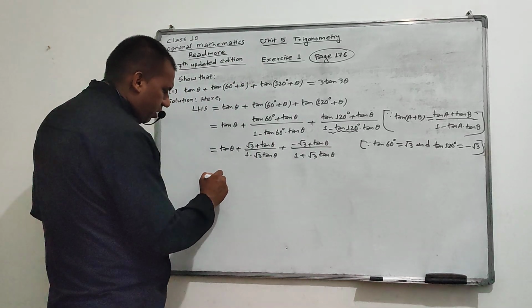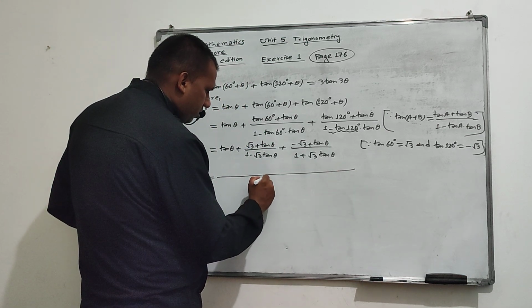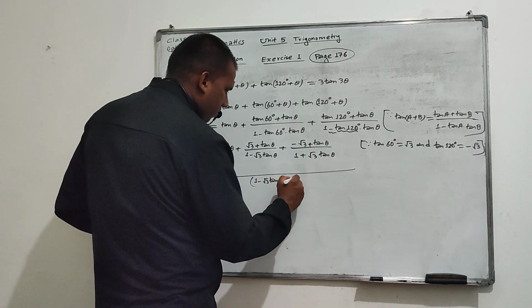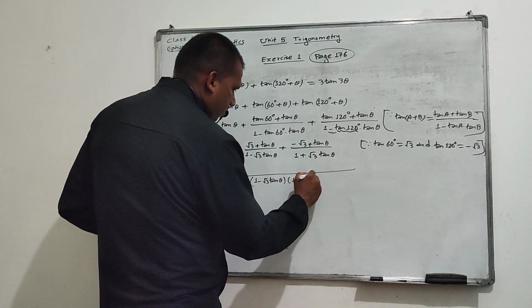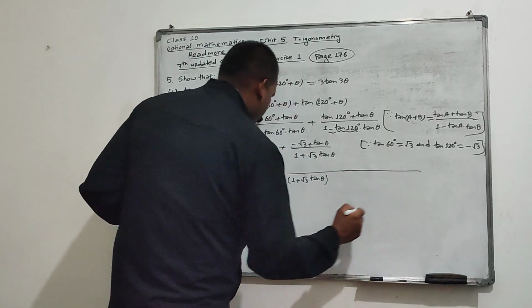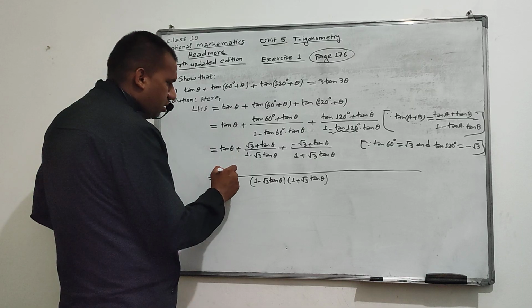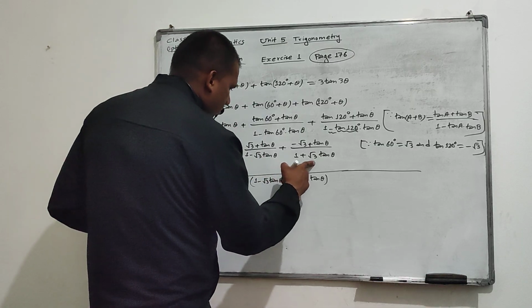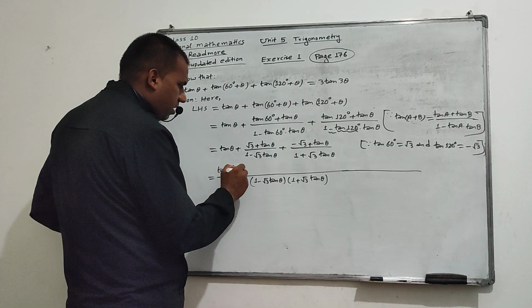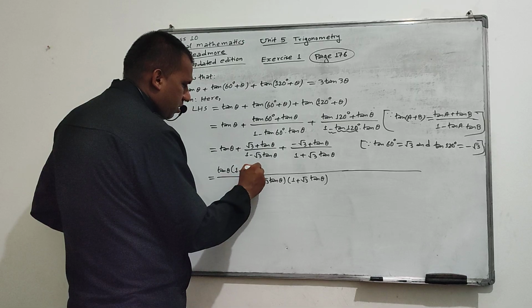Now taking LCM of all three terms: 1 minus root 3 tan theta, 1 plus root 3 tan theta. Tan theta multiplied with both (1 minus root 3 tan theta)(1 plus root 3 tan theta), that is a square minus b square, 1 square minus (root 3 tan theta) whole square, 3 tan square theta.